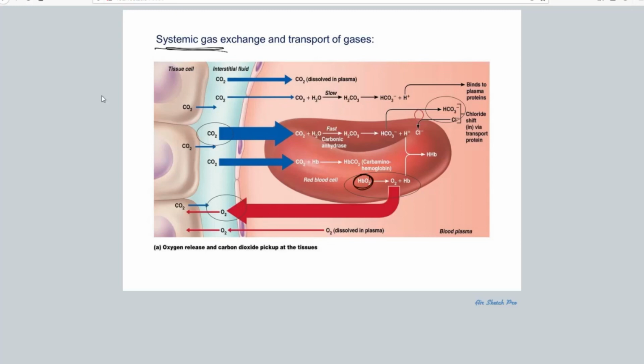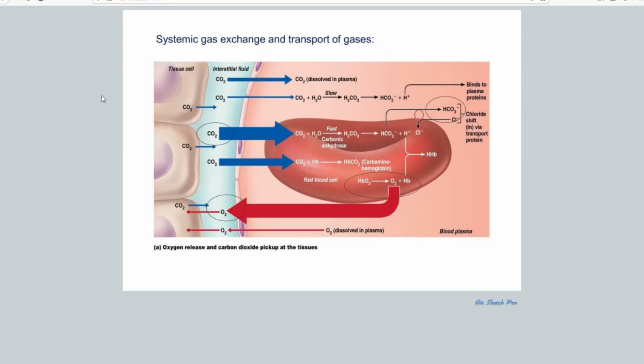So here's oxygen bound to hemoglobin, and when it gets to the systemic capillaries, hemoglobin dissociates from oxygen. Now we have free oxygen, and oxygen moves from an area of higher pressure to lower pressure, from 95 to 40 millimeters of mercury. And that's great because now the cells have oxygen to use.